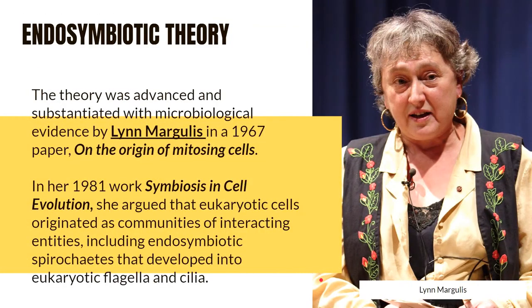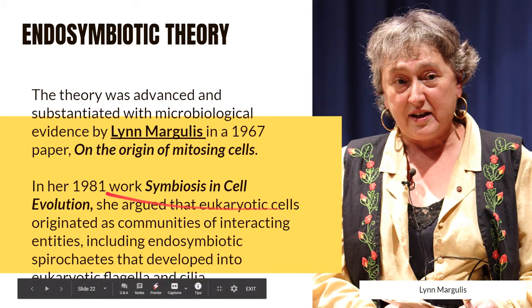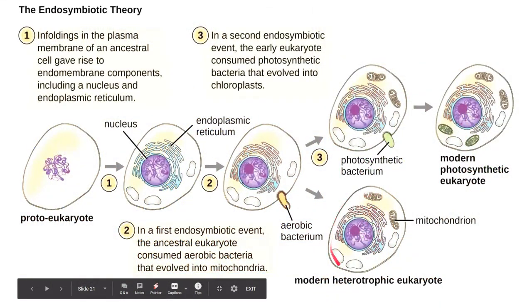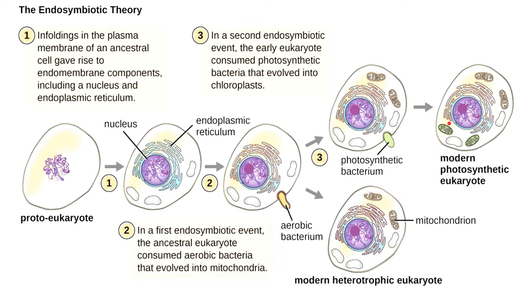The endosymbiotic theory was first proposed in a paper by Lynn Margulis in 1967 entitled On the Origin of Mitosing Cells. In her work, she said that eukaryotic cells originated as communities of interacting entities. This is a community: it has one organism, another organism, then another organism here, and they live in a symbiotic relationship.